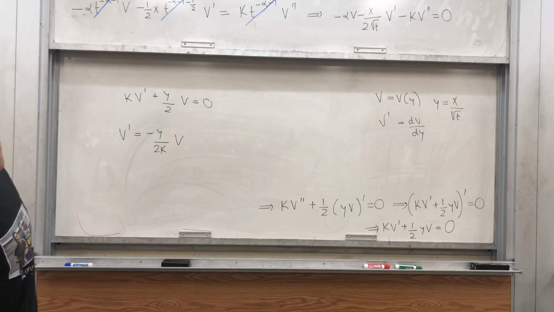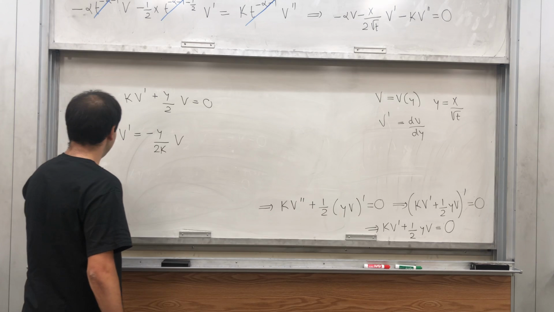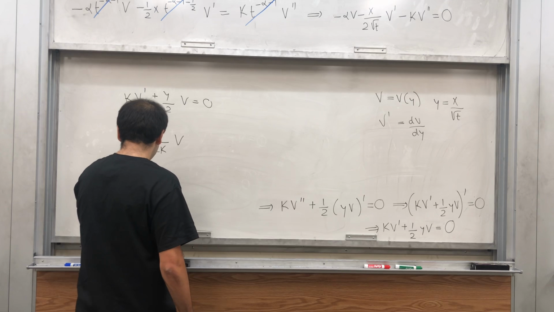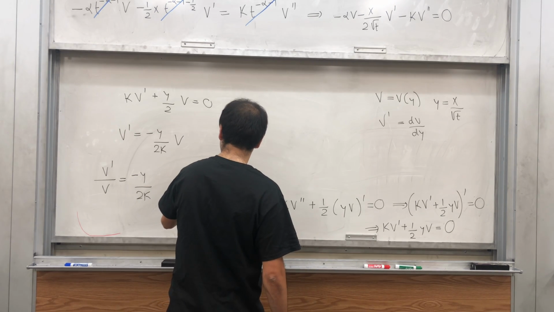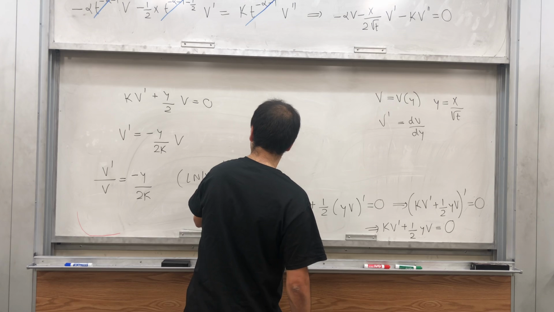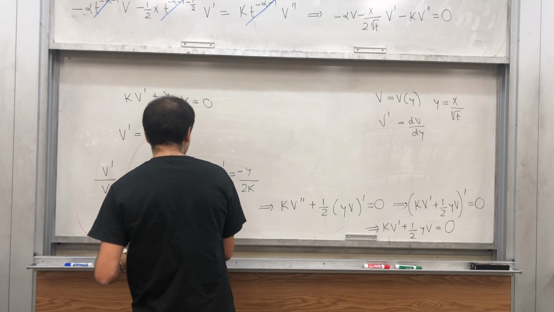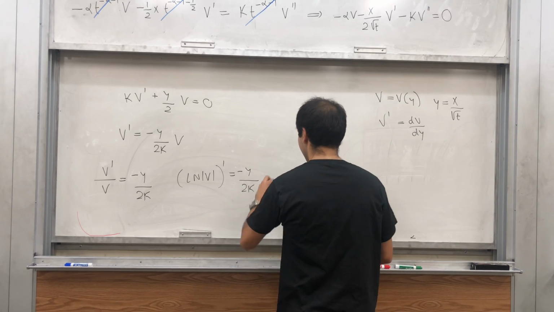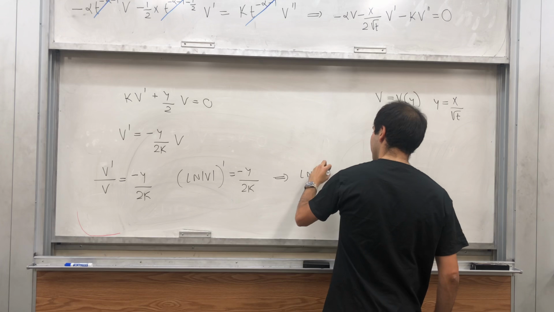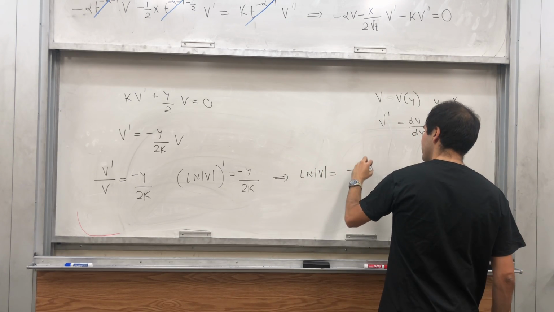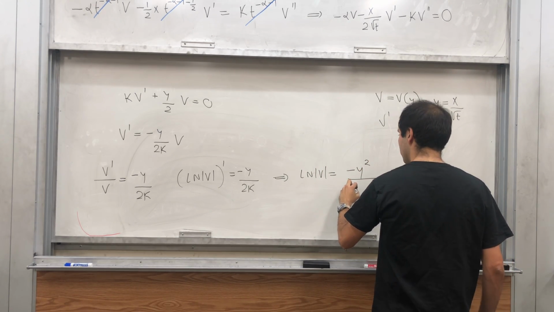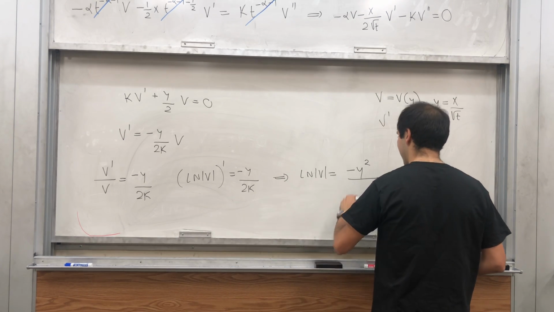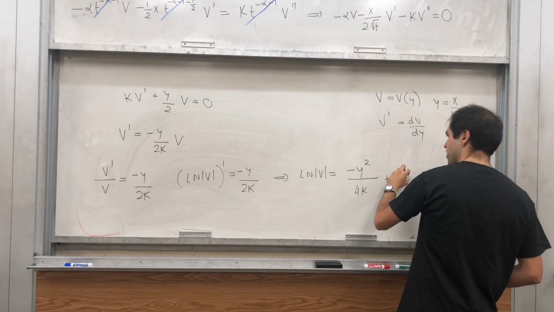Anyway, so we have this first order ODE. We can just solve this. So v prime over v equals minus y over 2k. And then basically integrate: ln of the absolute value of v is minus y squared over 4k, plus a constant.